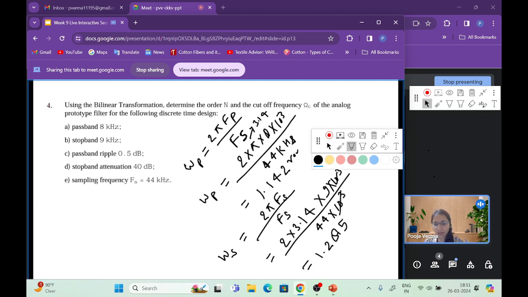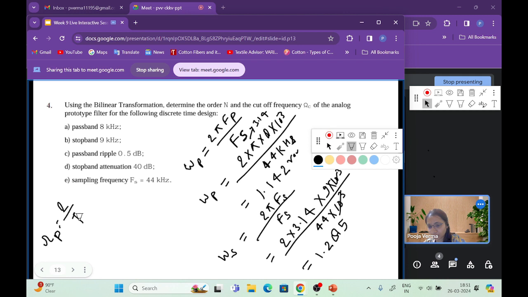Okay, after finding out omega p and omega s, that is the analog frequency, now we have to find this omega, also omega p and omega s, by using the bilinear transformation. So already we know how we will get it from the formula 2 by T, where T is 1 by fs.